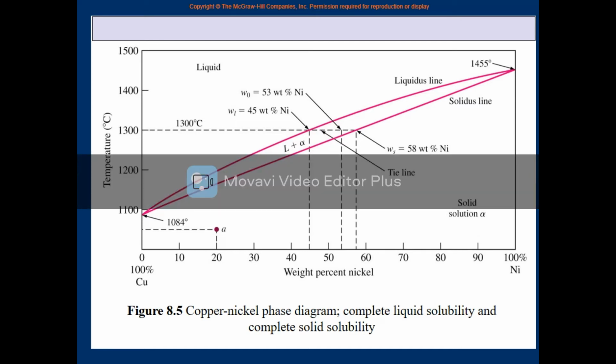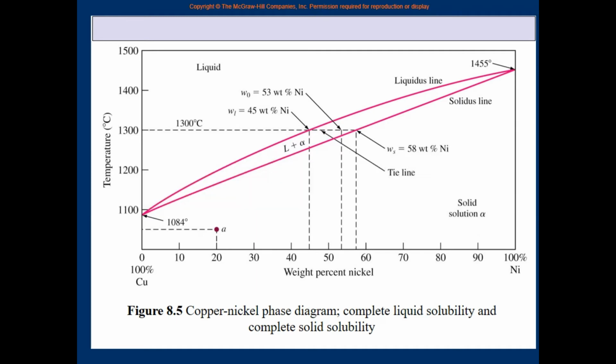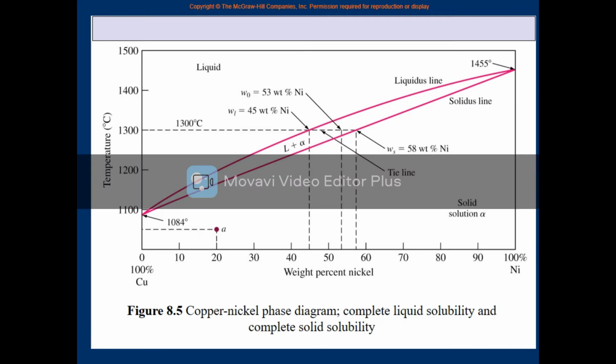And we are doing this example that if we give you a 53 weight percent nickel alloy, which automatically means that there is 47 weight percent copper mixed into it, and we heat it to a high enough temperature so that everything is liquid, and then we cool it. So once we reach a temperature of 1300 Celsius, then what will we have?